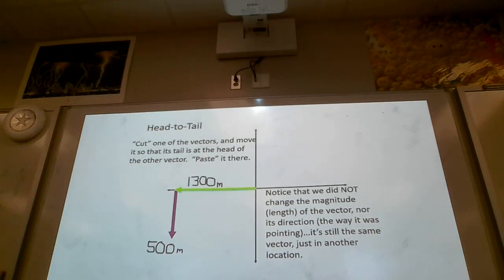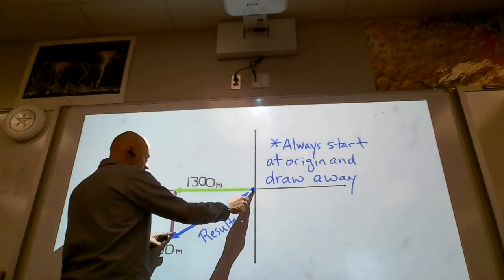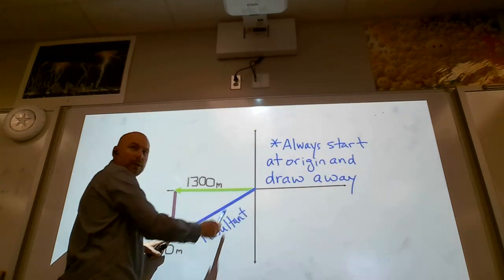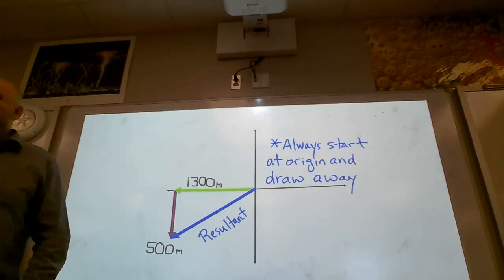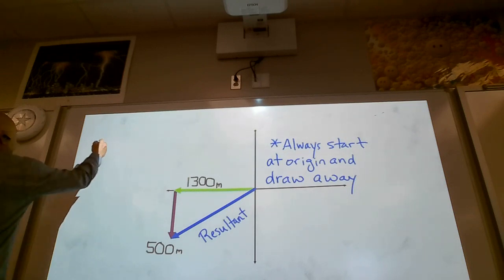Okay. And then my resultant, so I'm going to start at the origin and I'm going to draw towards the final head. Okay. This would be the resultant. This is how far you were away from where you started. Okay. How would you find the length of that blue side? Okay, break out your calculators.